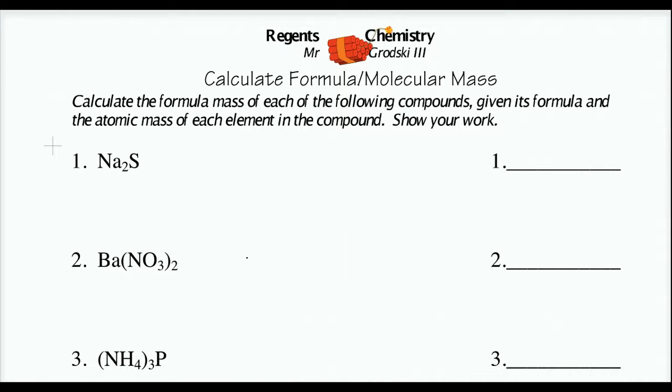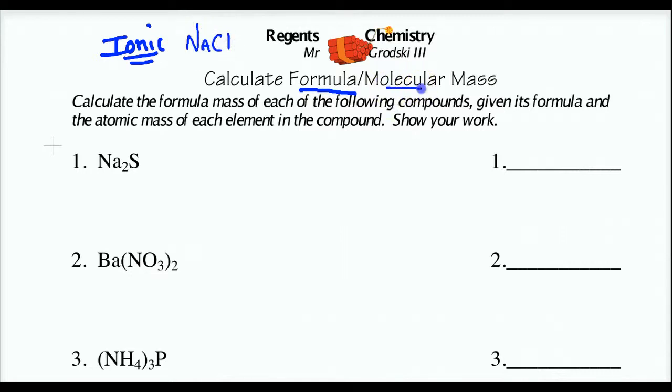And we've already done formula or molecular mass. So they basically are synonyms. Formula mass is the grams per mole for something that is ionic, because all you have is a formula, and that formula is the lowest ratio of ions in a crystal.